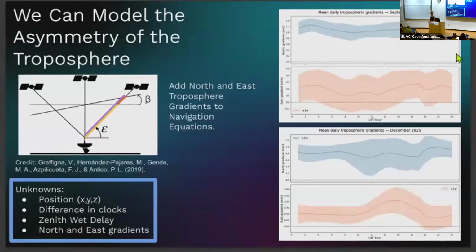And this is actually expected, since there is much more water vapor in tropical regions than in polar regions. So we expect our north-south gradient to be pointed north. It's also known that gradients point towards higher altitude. And so since Rubin Observatory is next to the Andes Mountains, we also expect our east gradient to be positive, which we see.